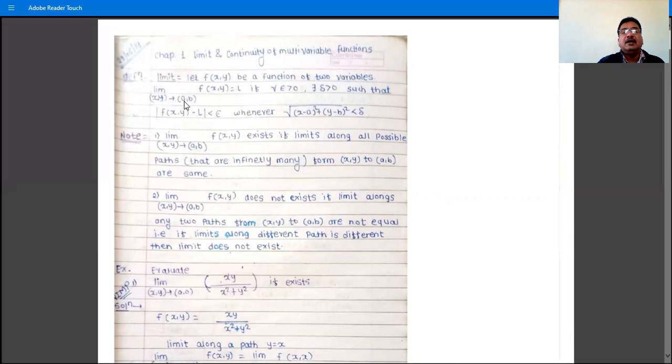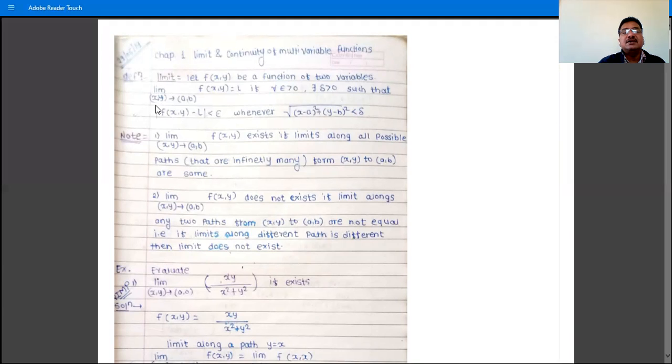In this problem the answer is 0 and (a,b) is (0,0), so mod f(x,y) minus 0 is less than epsilon whenever root x square plus y square is less than delta. What do we have to show? We have to show the limit as (x,y) tends to (0,0) of f(x,y) is equal to 0.